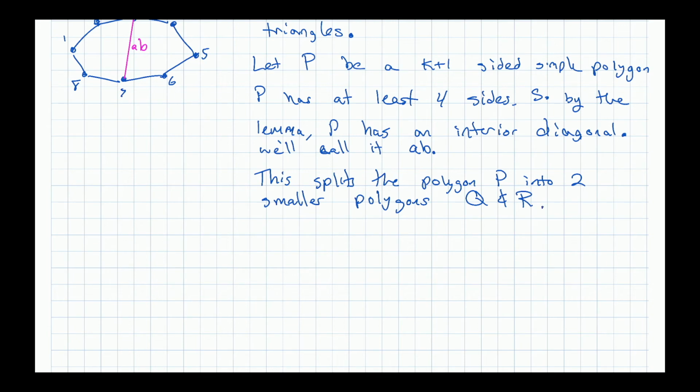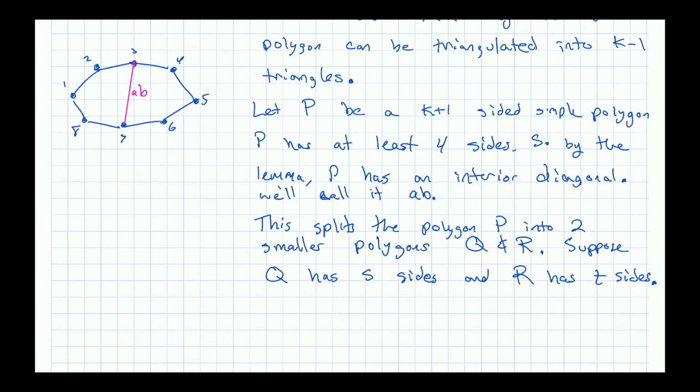And let's also say, suppose Q has S sides. S is a number. And R has T sides. Right? And we have to do that because we don't actually know how many sides we've split this into, because we don't know where the interior diagonal is.